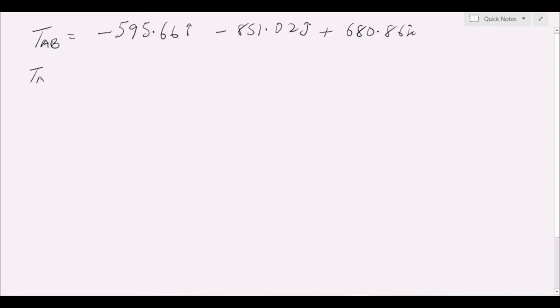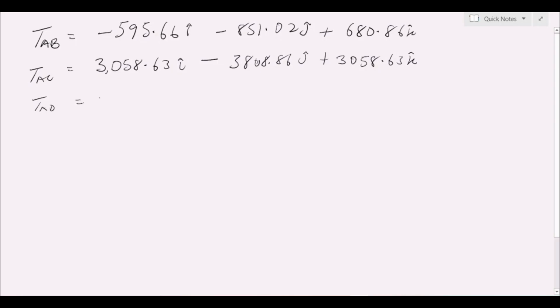And our second force, TAC, to be equal to 3058.63i minus 3808.86j plus 3058.63k. And finally, TAD is equal to minus 2462.4i plus 4665.6j plus 3758.4k.